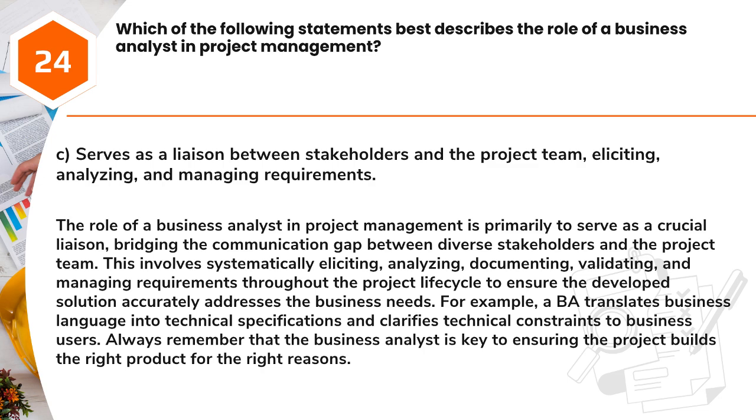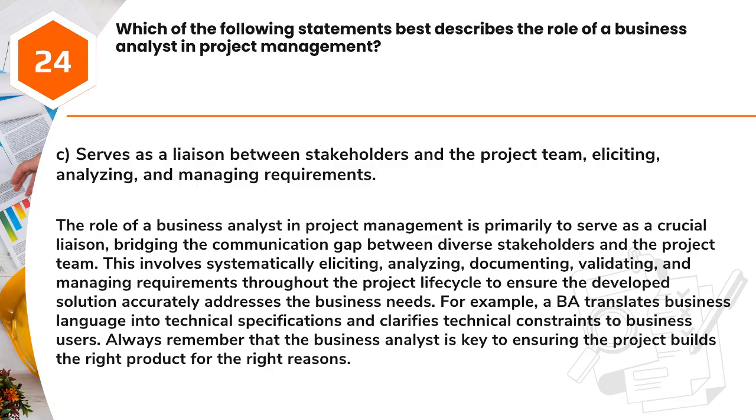Answer: C. Serves as a liaison between stakeholders and the project team, eliciting, analyzing, and managing requirements. The role of a business analyst in project management is primarily to serve as a crucial liaison, bridging the communication gap between diverse stakeholders and the project team.